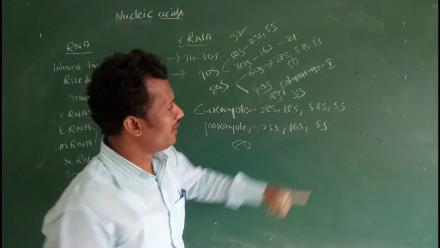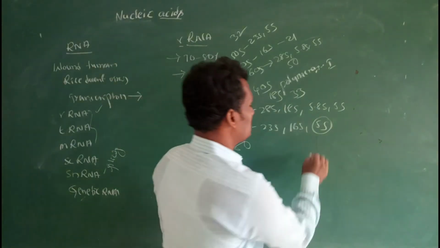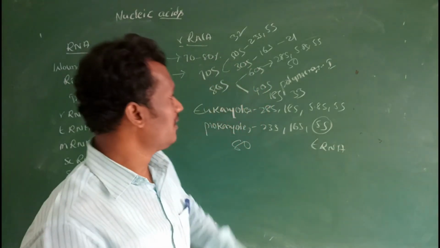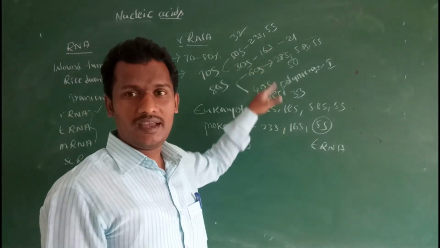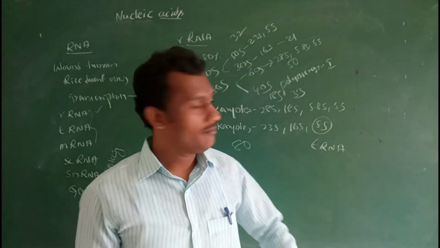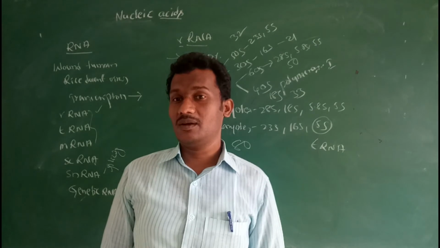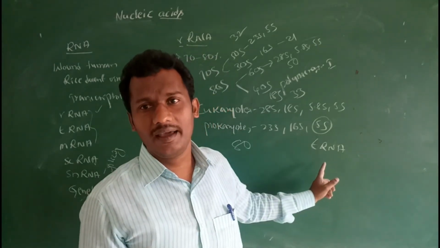Next one, 5S rRNA provides the binding site for tRNA. So 18S rRNA and 16S rRNA in eukaryotes and prokaryotes provide the binding site for mRNA. 5S rRNA in both prokaryotes and eukaryotes provides the binding site for tRNA.